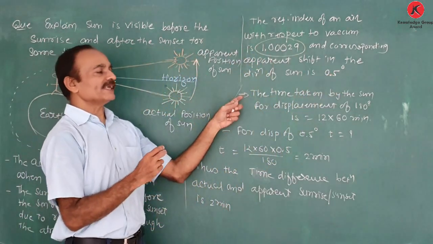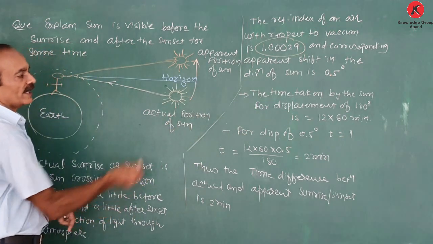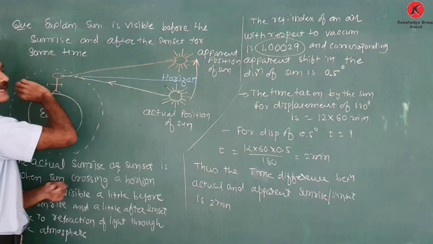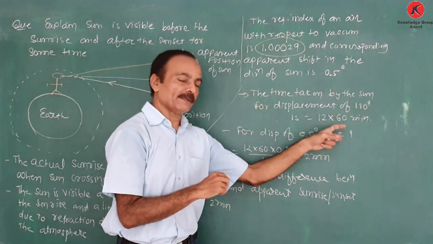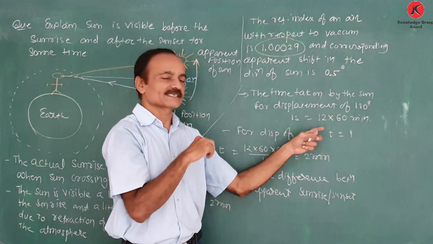Now, the time taken by the sun for a displacement of 180 degree, that means from this position to this position, is 12 hours. 12 hours multiplied with 60 minutes, so 12 into 60 minutes.